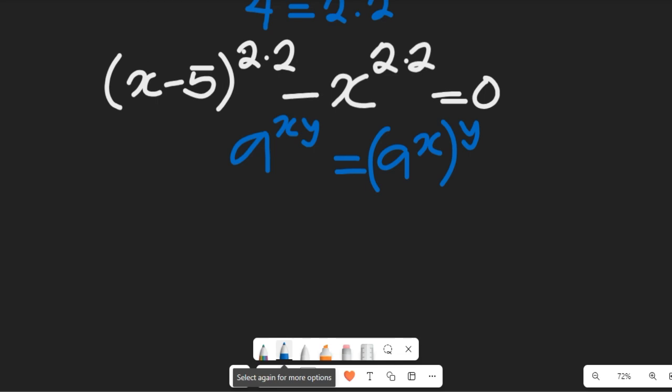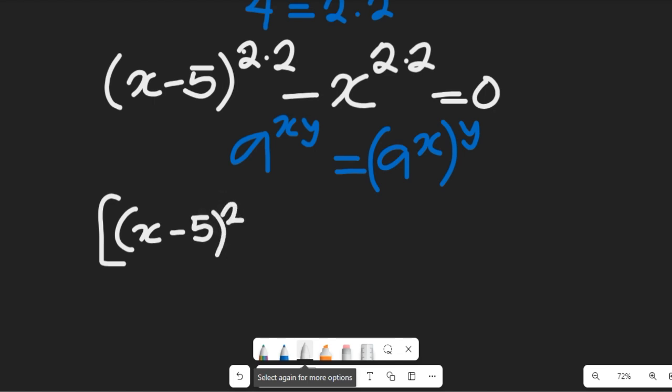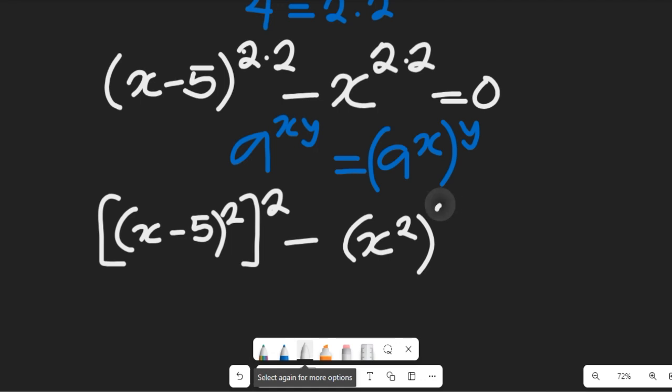I separate the index, and that is exactly what I'm going to do. On that expression up there, I'm going to make this (x minus 5) squared, all to the power of 2, minus x squared, all to the power of 2, and this can be equal to 0.